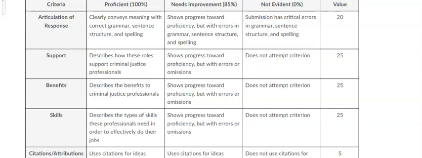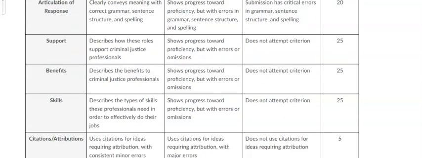Some people say, well, I've done very well in other writing courses, but every course is going to be different. Every discipline is different relative to its demands. And criminal justice is clear, succinct, concise, and backed up or supported by evidence, your resources. Describe how these roles support criminal justice professionals, so you can see what proficient really means.